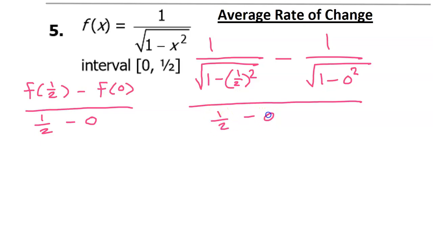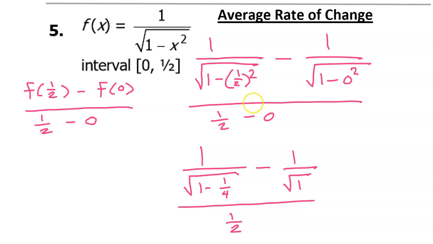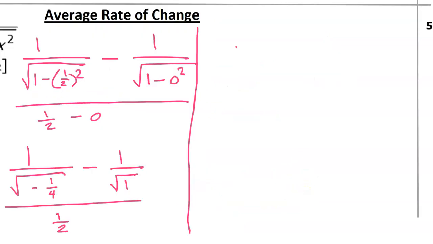1/2 minus 0. On my next step, 1/2 squared is 1/4. So I have this. Obviously, 0 squared is 0, so I'm just left with this. There used to be a 1 right here, y'all. I'm replacing the 1 with a 4 minus 4 to help you see that I'm going to get 3/4 right now.